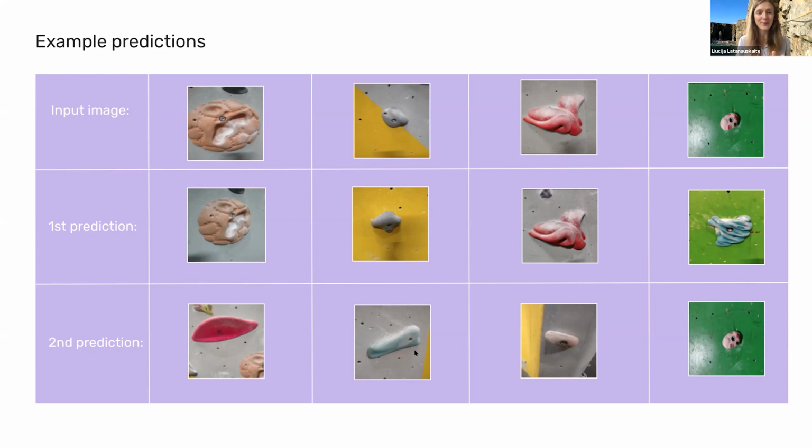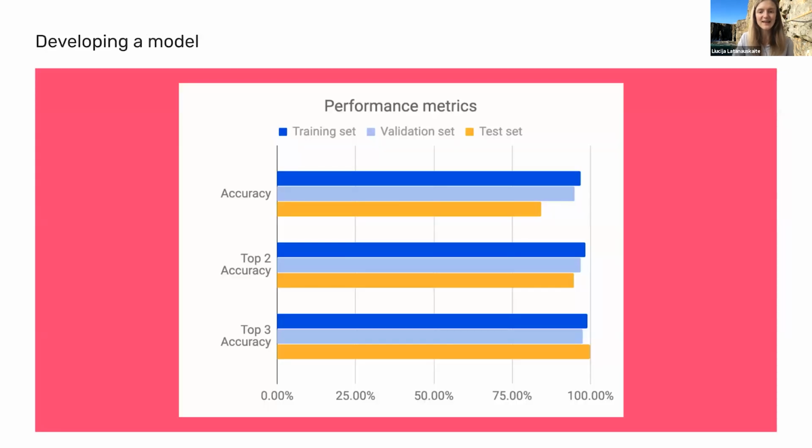So these were some examples, but I guess you're all burning to find out what the overall performance is, how well we are doing on our test set and all the images that I gathered. Basically, it's pretty good. You can see here for all of the test sets, it's pretty high, 95% plus, except for the test set on the main accuracy.